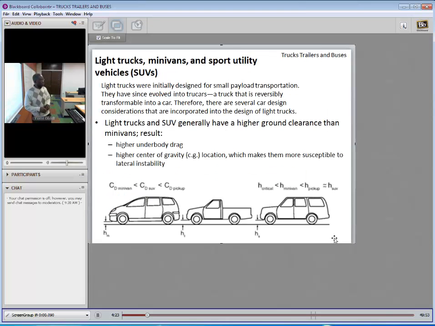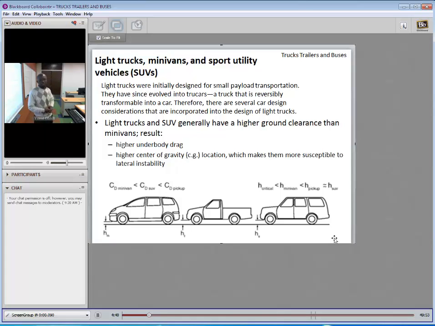Well, let's look at light trucks, minivans, and sports utility vehicles. Generally, light trucks were initially designed for small payload transportation.